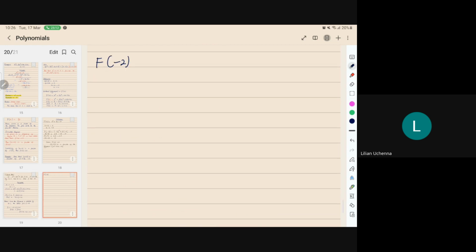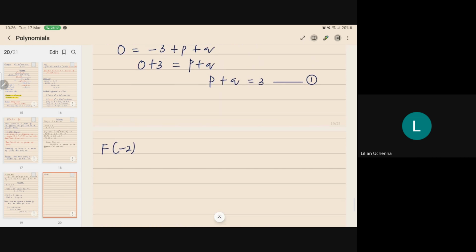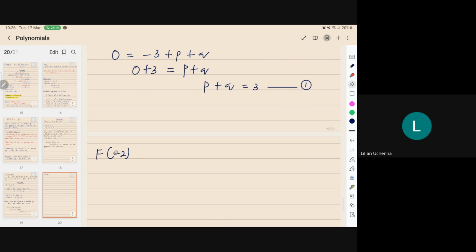All right. So let's proceed to equation number 2. So the next one is that f of 2 is equal to, we're going to plug in the same thing. So I'm going to have 2 squared minus 4 times 2 squared plus 2p plus q.